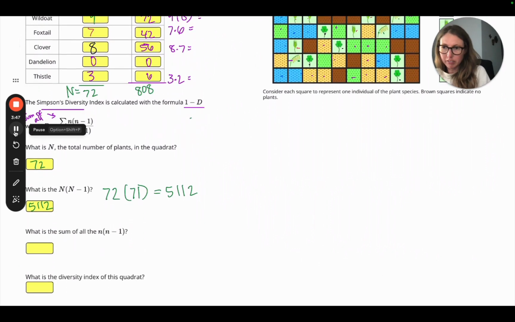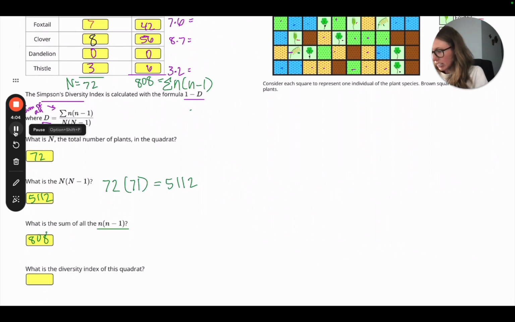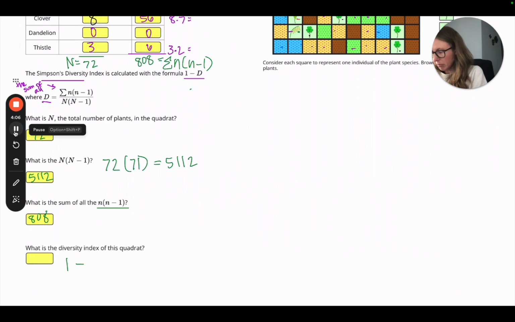So that is our denominator of that fraction. And the sum of all of the n times n minus 1s, that's what we had here. This was our sigma n times n minus 1. So we'll put that in, 808, right here. And then the diversity index of this quadrat is going to be 1 minus D, or 1 minus our sigma n times n minus 1.